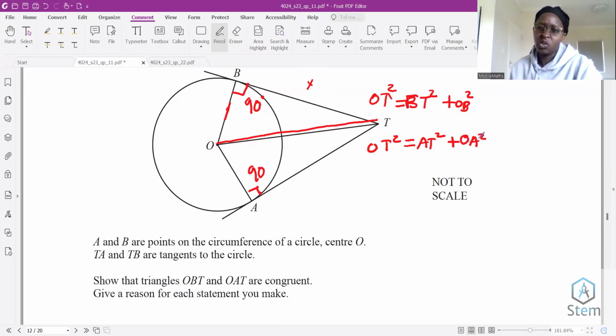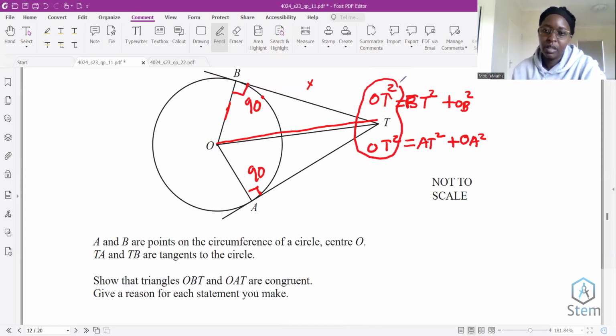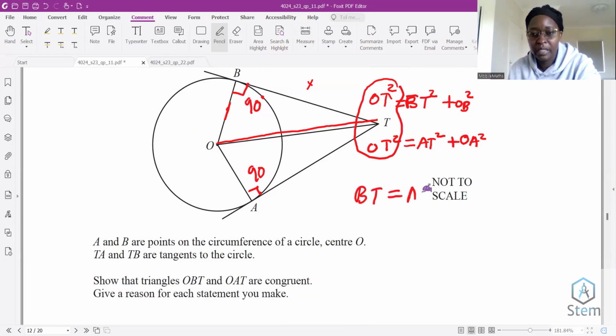Okay, so you can see that if I do this, this is equal to each other. I can find it the same way. Okay, so the side BT is equal to AT. That's basically what I'm relating here. BT is equal to AT. And my side OA is equal to my OB, because these are both our radii. Okay.